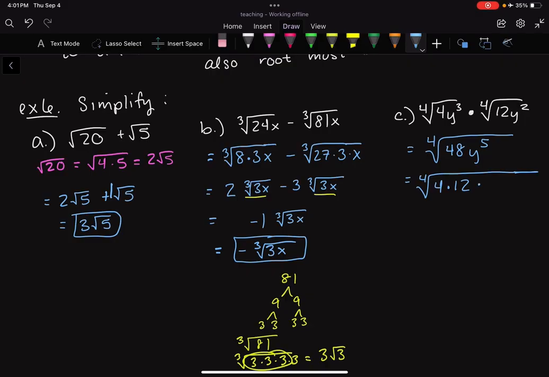Sometimes maybe it wasn't that helpful to write them together. Maybe it was better to leave them apart. Y to the 5th, I need it to be divisible by 4. So I'm going to make this into y to the 4th times y. That way I'll be able to do 4 over 4 and actually reduce that. That's the goal.